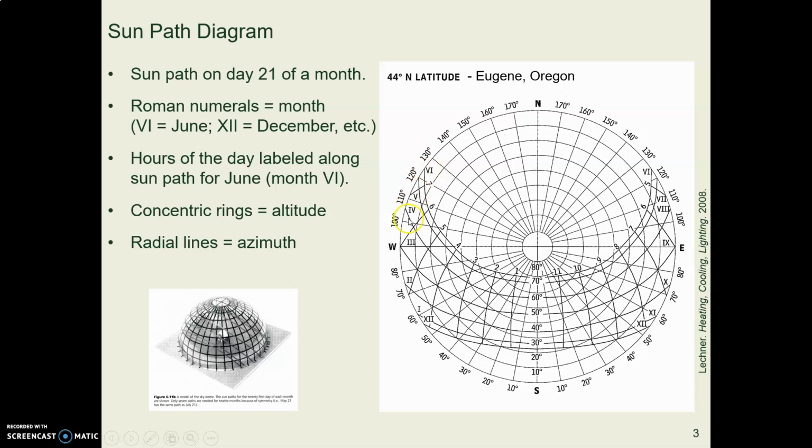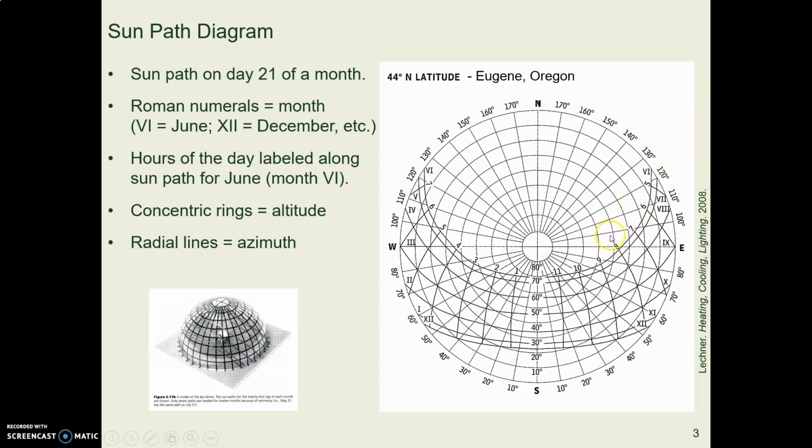The Roman numerals here are the numbers of the months. So month 6 would be June, month 7 would be July, month 12 down at the bottom would be December, and so forth. Then around the top here, around this curvy line that happens to be for month 6, there are some numbers, and those represent time of day.